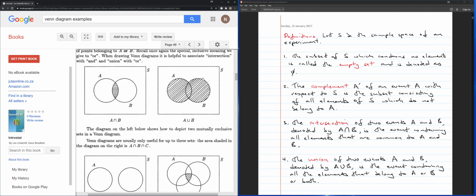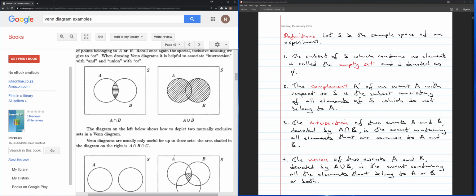Also you have union. Again, sample space S, you have two events A and B. The A union B consists of all elements that belong to either A or B, or it could belong to both of them.